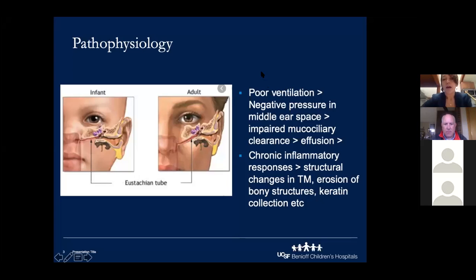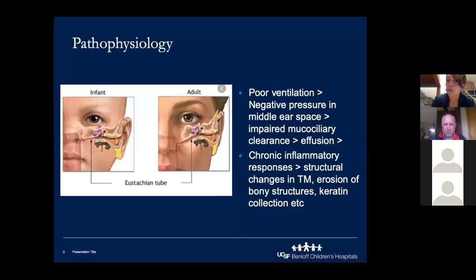Overall, a number of people have tried to study what the mechanisms of eustachian tube dysfunction are, and it's rooted in poor ventilation from blockages in the eustachian tube, but this creates a negative pressure in the middle ear space, and over time, as the tympanic membrane collapses down on the middle ear structures, it can impair mucociliary clearance.